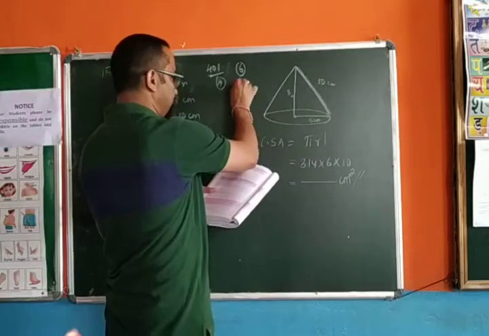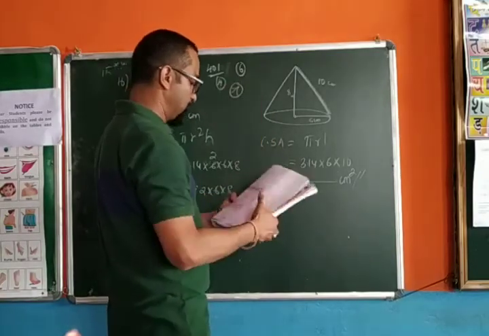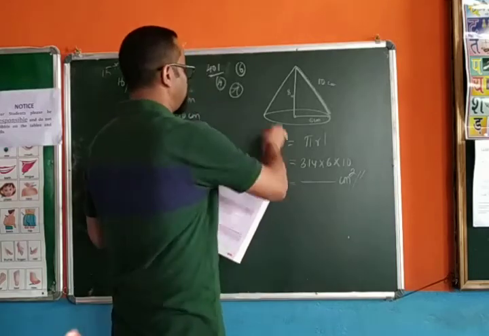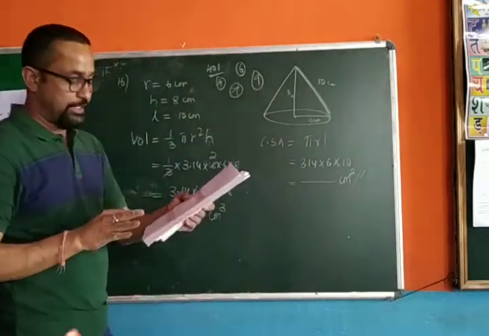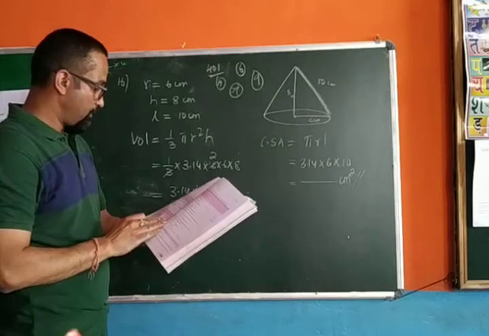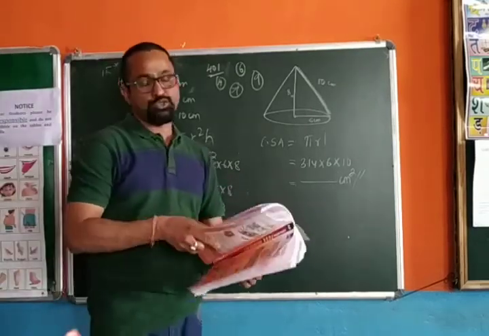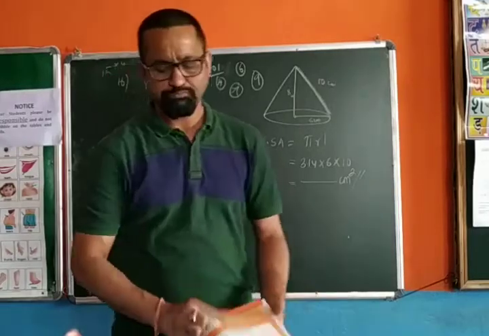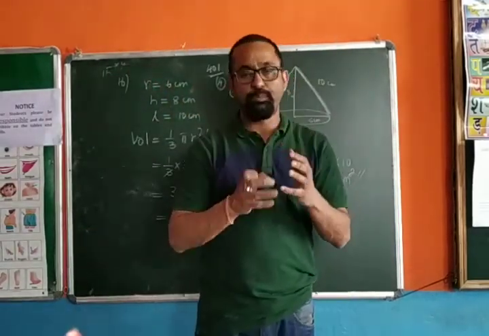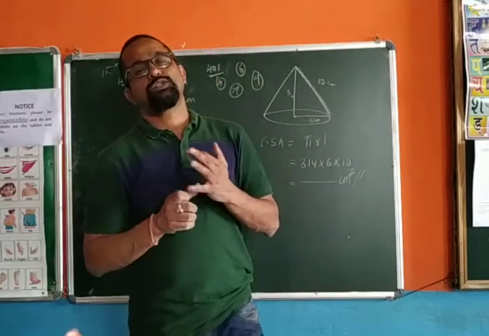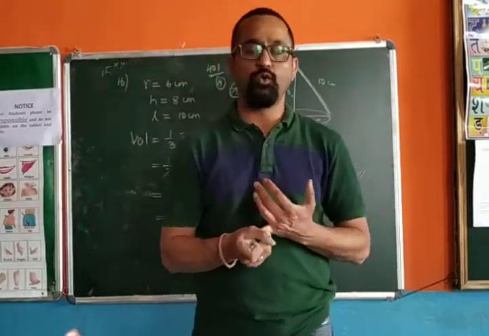Question number 7. Question number 9 is an important sum, came in 2008. So these are the sums you need to practice from the topic surface area and volume of cone.